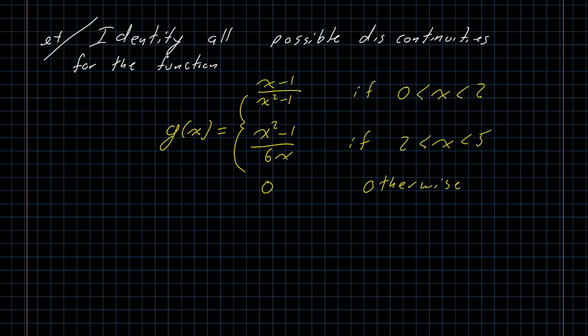So for this problem, I want you to identify all possible discontinuities for this function g of x, which is a piecewise defined function. g of x is (x minus 1) over (x squared minus 1) if 0 is less than x is less than 2. g of x is (x squared minus 1) over 6x if 2 is less than x is less than 5. And g of x is equal to 0 otherwise.